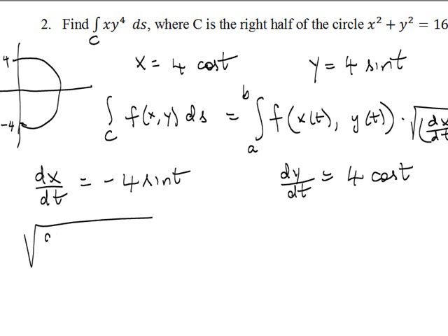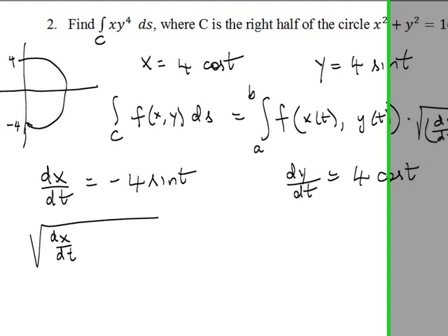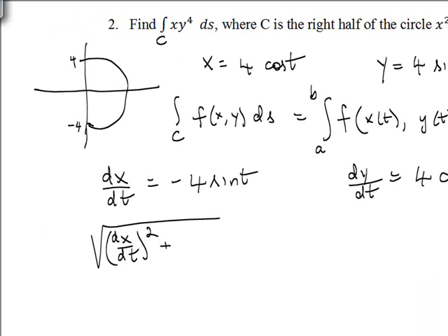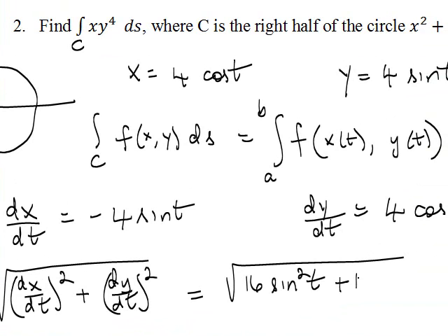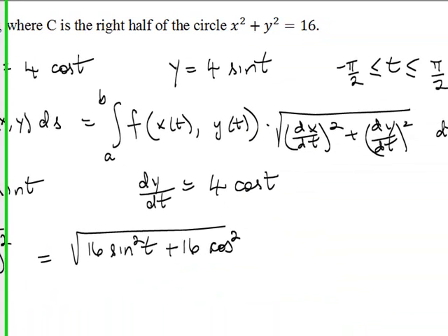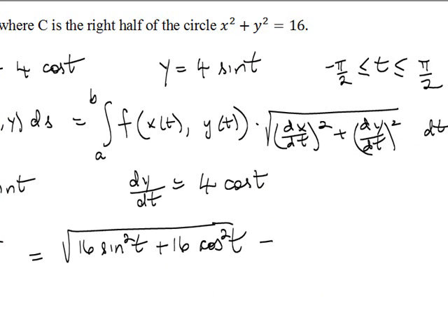So the square root of (dx/dt) squared plus (dy/dt) squared equals the square root of 16 sine squared t plus 16 cosine squared t, which is what? Square root of 16, which is 4. Okay?